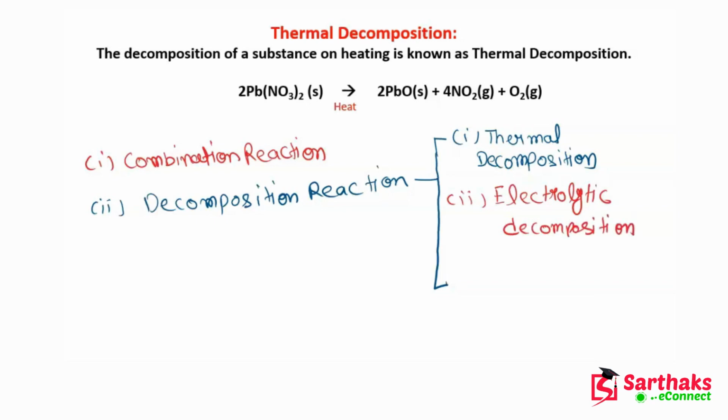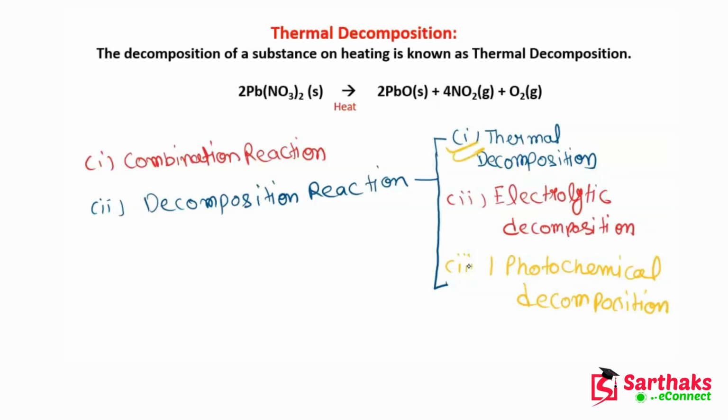And the third one is photochemical decomposition. Okay, so we will see these three types of decomposition reactions one by one.